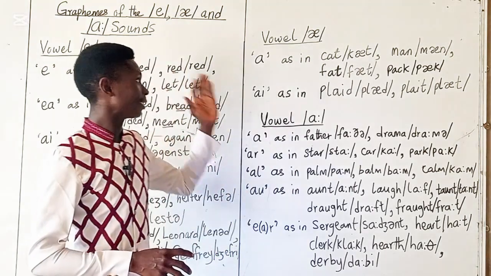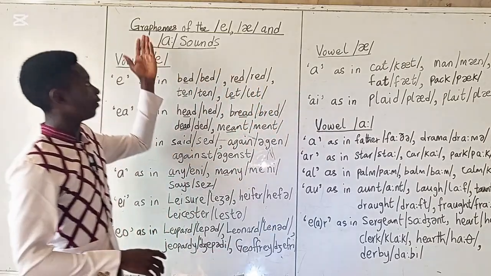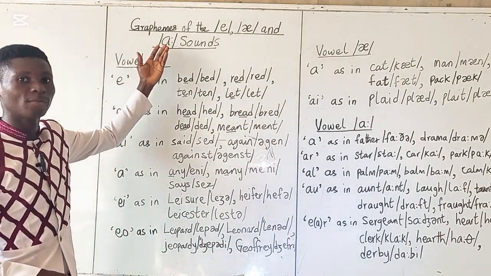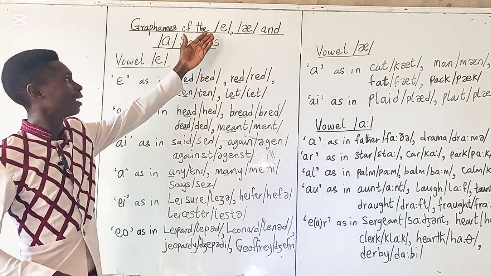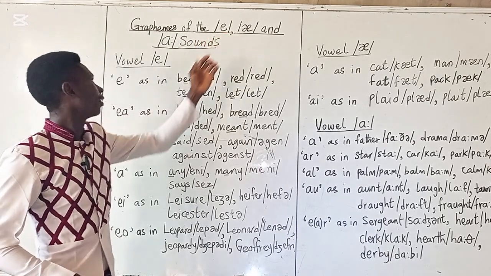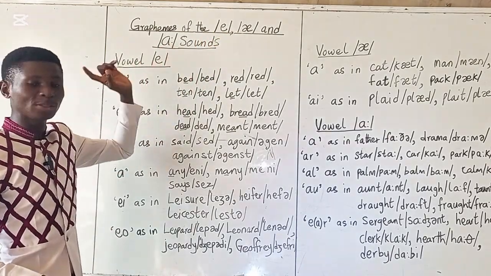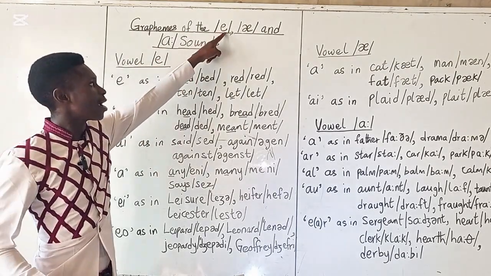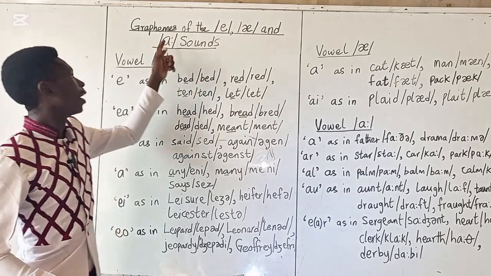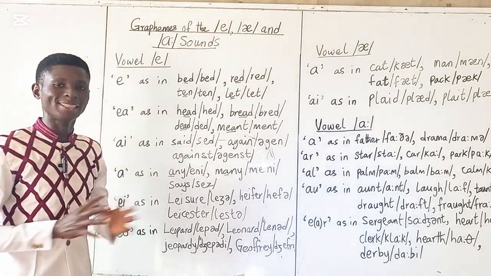So do well to consider the graphemes as the letters of the alphabet representing each of these sounds. Now we've considered the A sound, the R sound, and the R. Note this articulation of the sounds again. A, R, and R. So that is it.